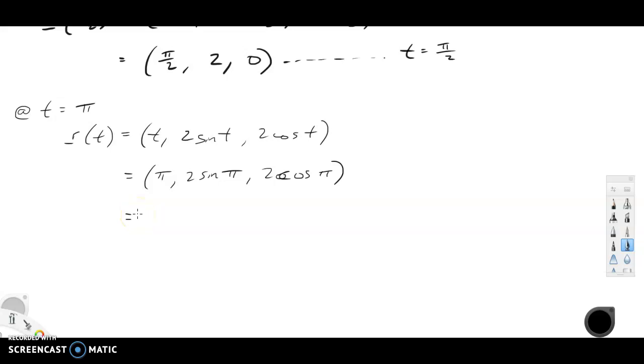So sine of pi is 0, so our y coordinate there is going to be 2 times 0 is 0. The cos of pi, I'm guessing, is going to be 1.